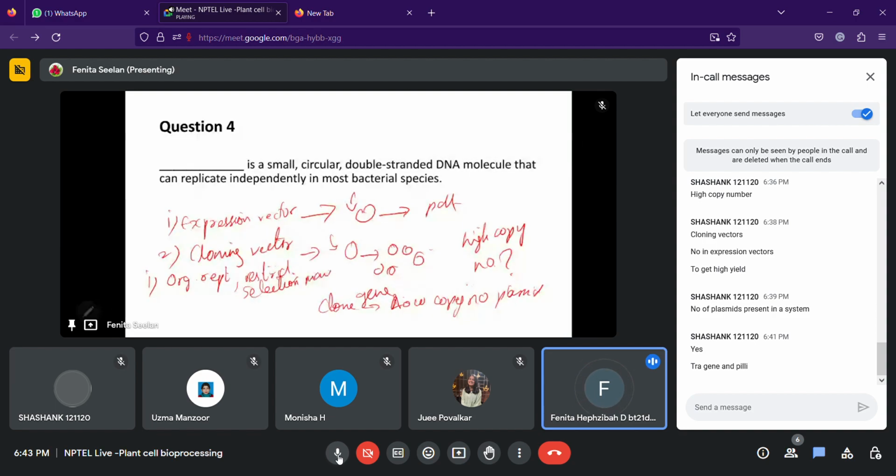Then copy number is important, size is important. These are some of the things you have to look into before selecting your vector. And also you have to keep in mind for what purpose you are going to use this vector. So if it is expression of a transgene, you will go with an expression vector. If it is just cloning or multiplying your genes, then you can go with a cloning vector.